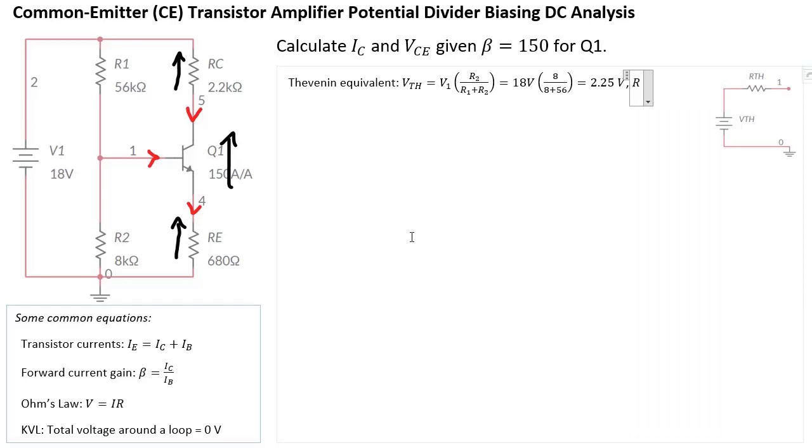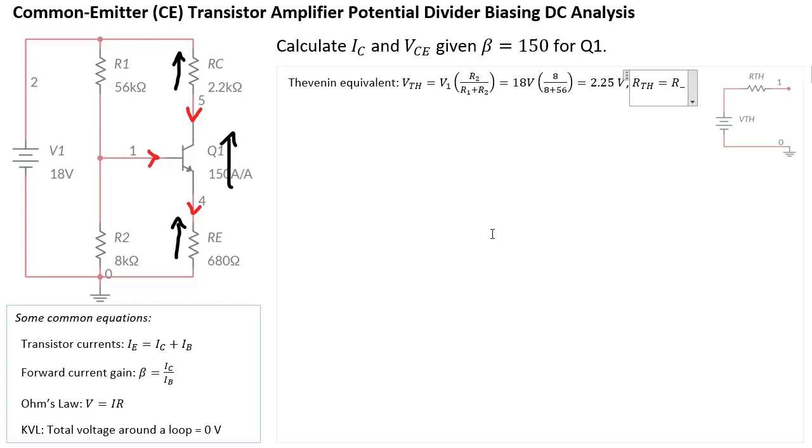Similarly for RTH, if you remember from your Thevenin, basically we zero the source, and once we do that, the top part of R1 will end up at the bottom, and therefore it will make R1 and R2 parallel to each other.